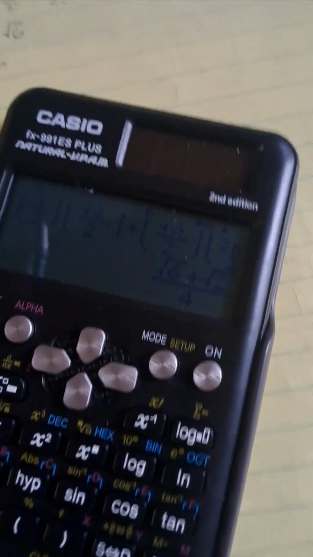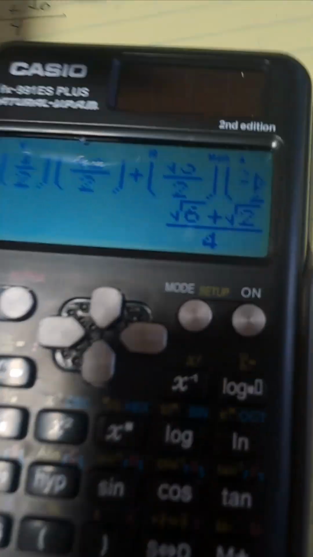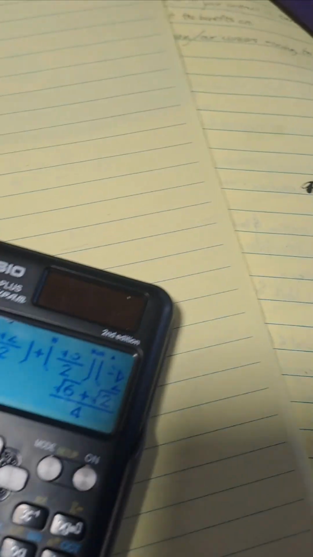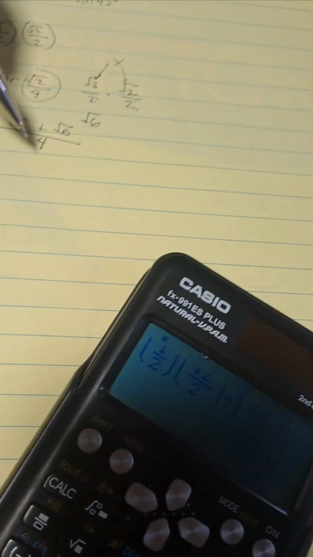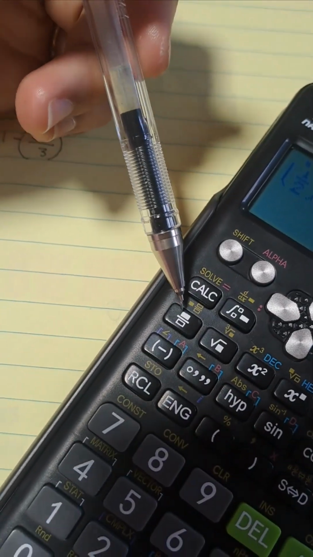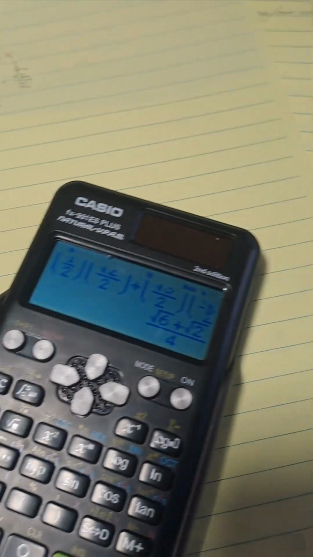You can see that we got the same answer in both the calculator and manually. They just switched the 1, 6, and 2, but it's the same answer. So you can either do this or do this, if you don't have a calculator, or if your calculator doesn't have this function.